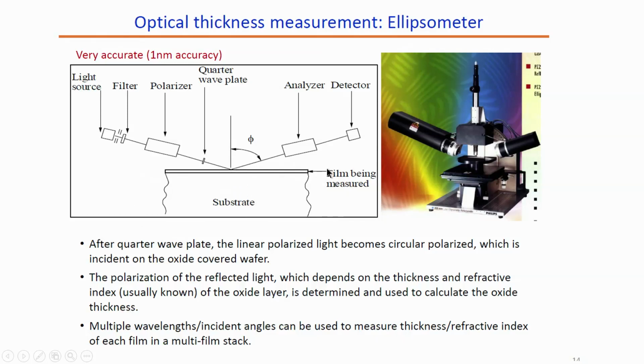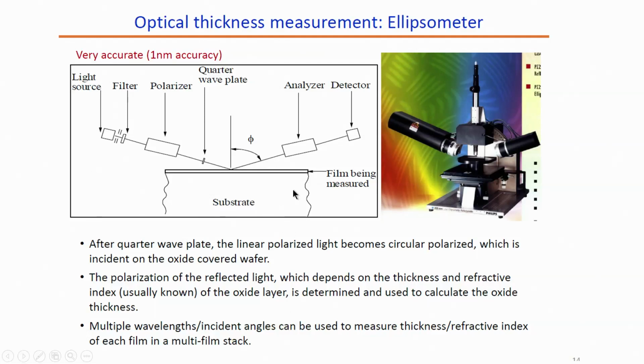The film is measured. So, when you insert the light after the quarter wave plate, the linear polarized light becomes circular polarized, which is incident on the oxide, right, and the polarization of reflected light, which depends on the thickness and refractive index of the oxide layer, is determined and used to calculate the oxide thickness.